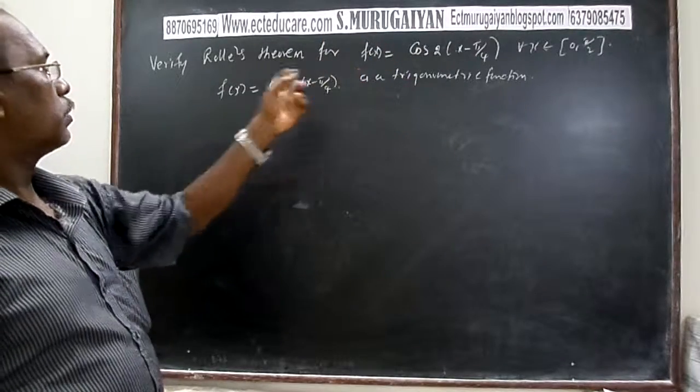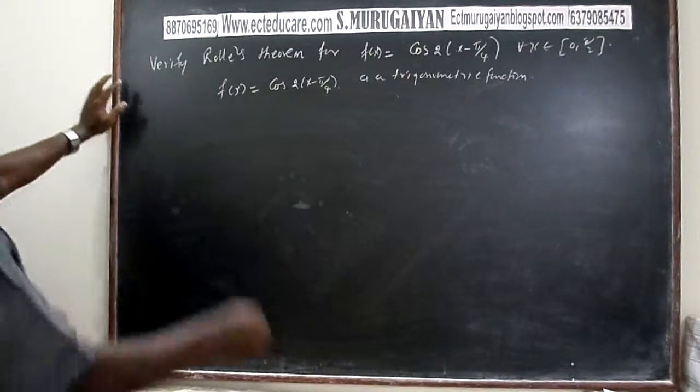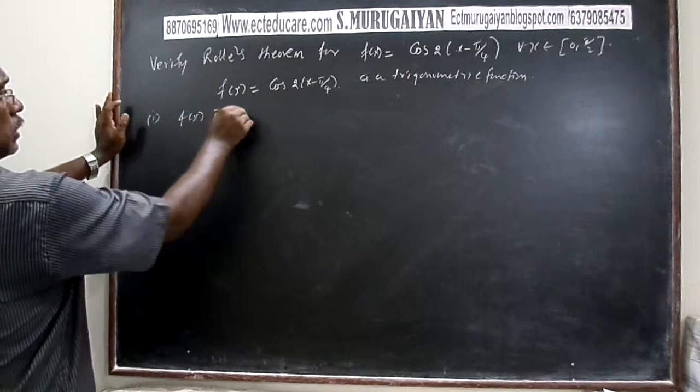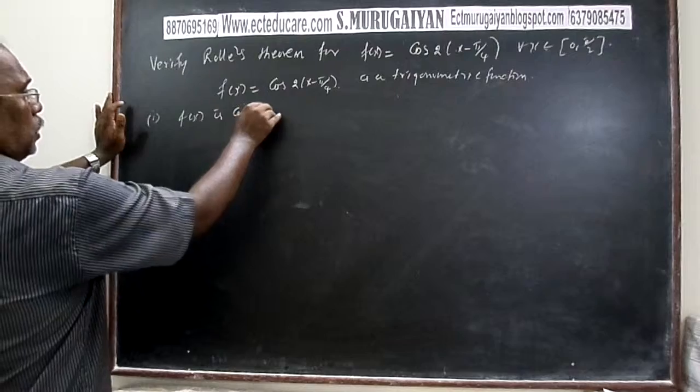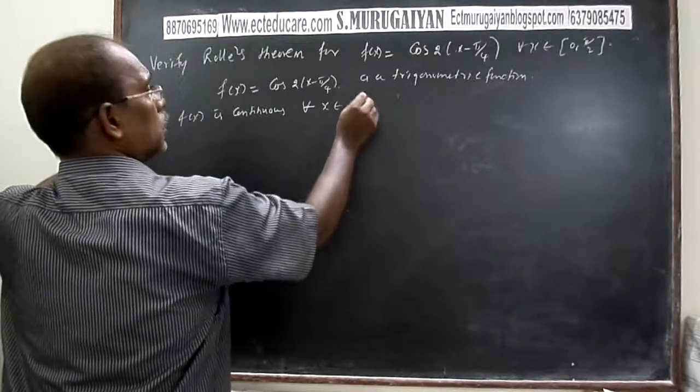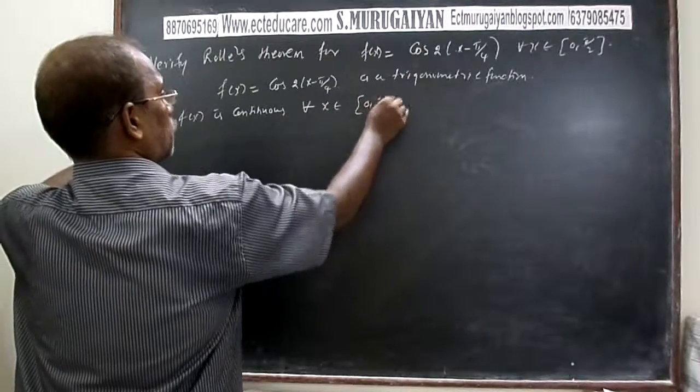In the given closed interval 0 to π/2, f(x) is continuous. So f(x) is continuous for all x belonging to the closed interval [0, π/2].